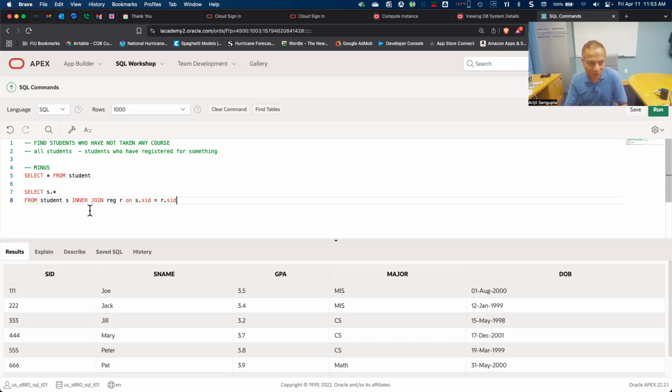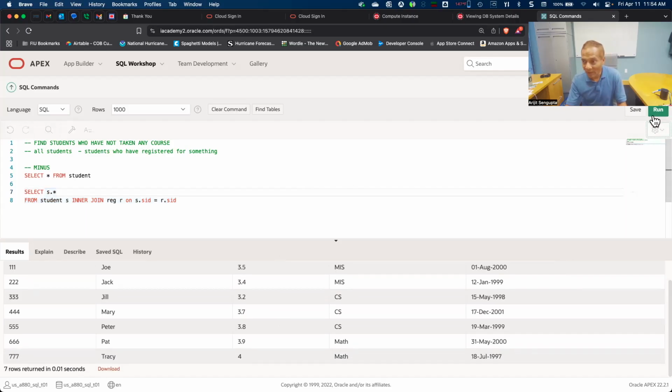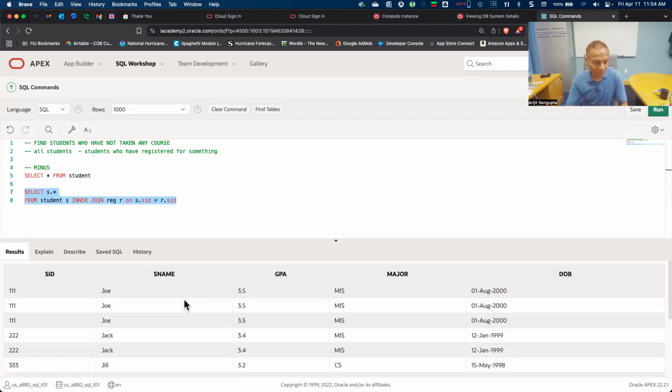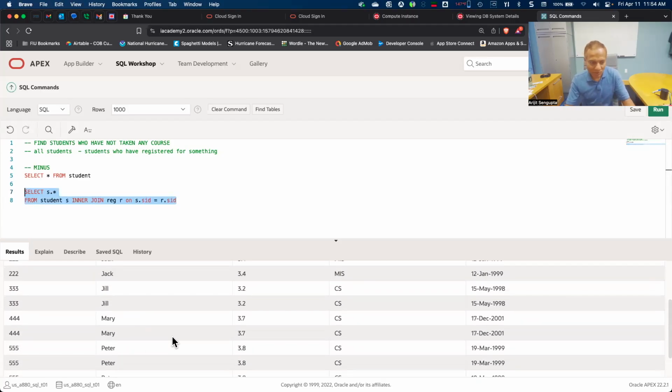So I just did a join of student with registered. That means the students we would get here are the students who registered for something. Okay? And if I run that one, as you can see, I'm seeing duplicates, but that's okay. These are the students who have registered.